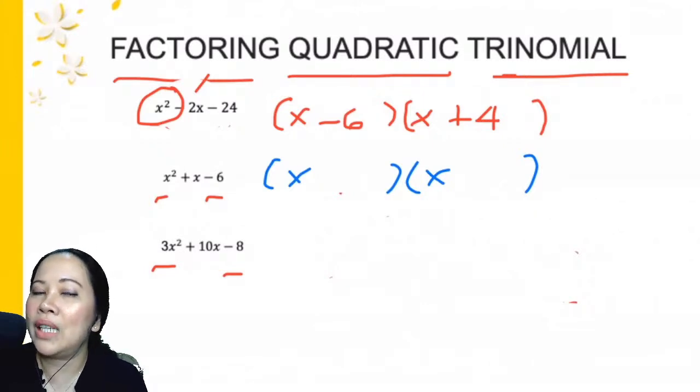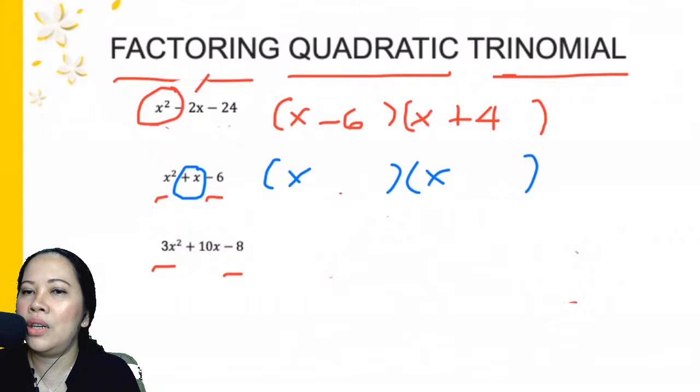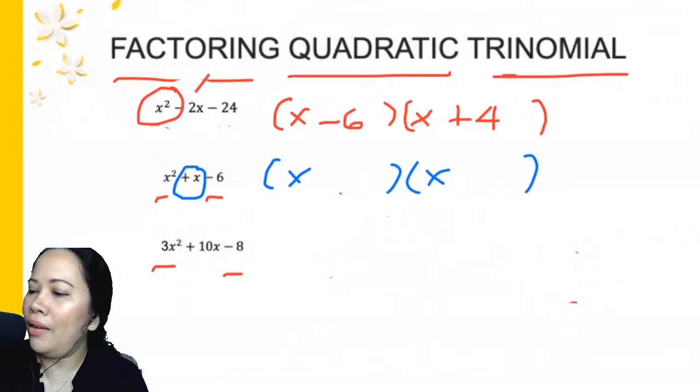The factors of negative 6 are negative 6 and 1, or 3 and 2. And you look at the middle term. If it is positive, that means the bigger factor should be positive. So we have negative 2 and then positive 3.